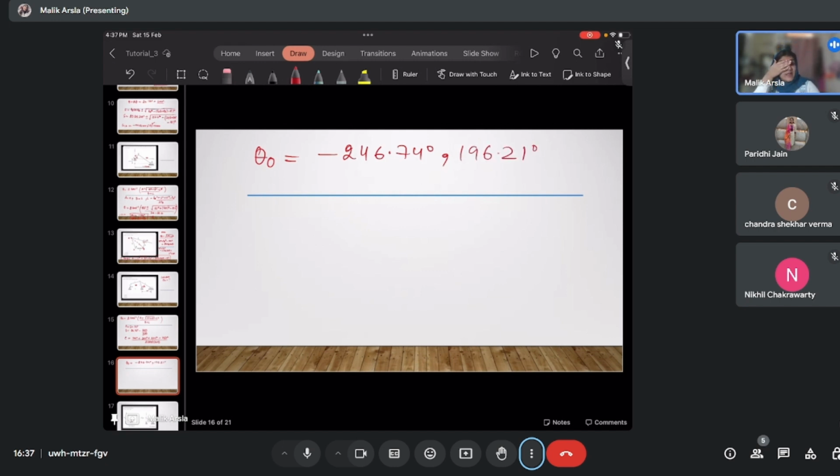Now can anyone tell me which of the following two we consider? Because ultimately we have to figure out the S. So if we want to figure out S, we have to use the value of theta 4 in the 3R 1P chain, right? So which value should we consider here?